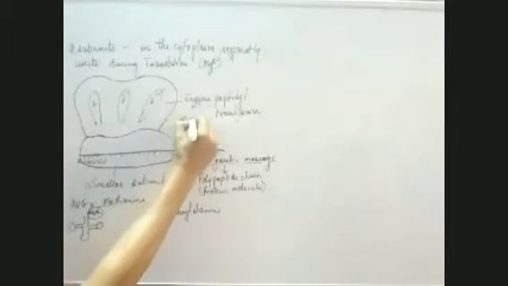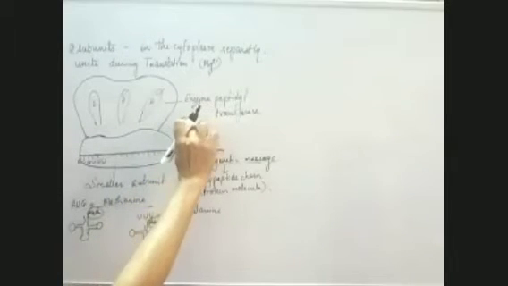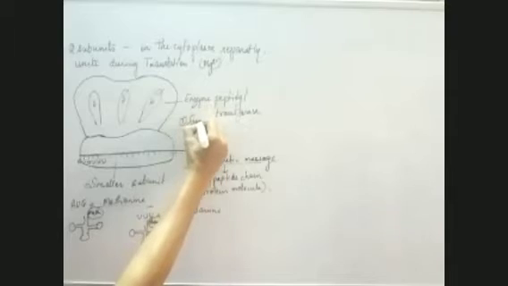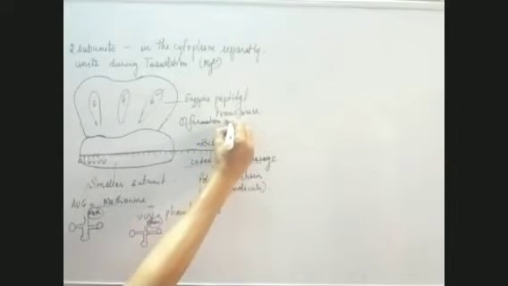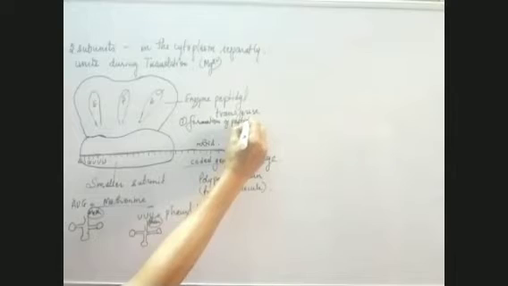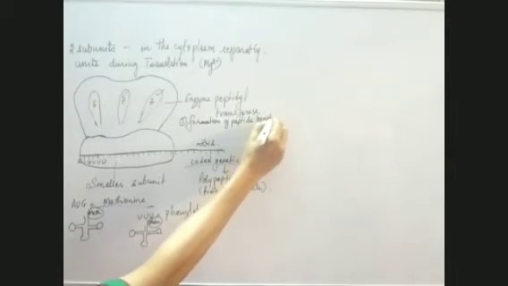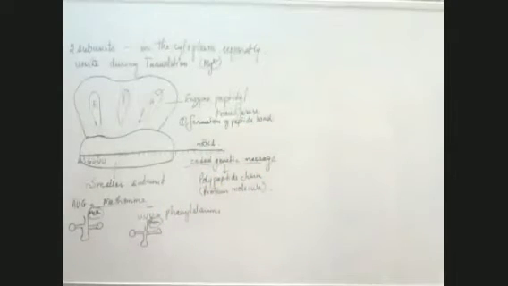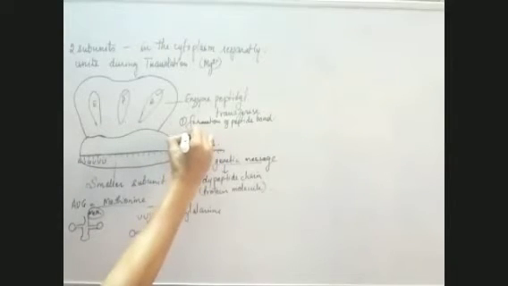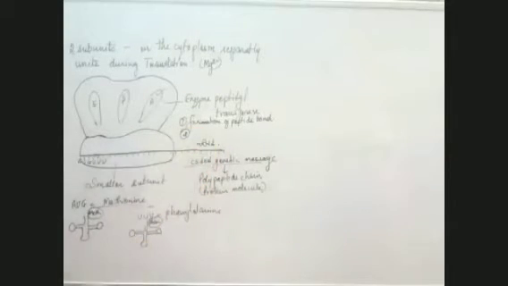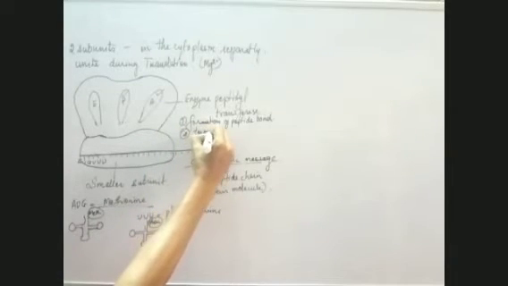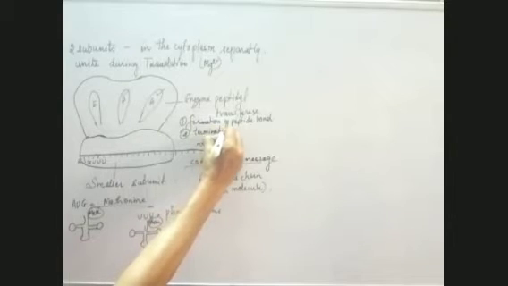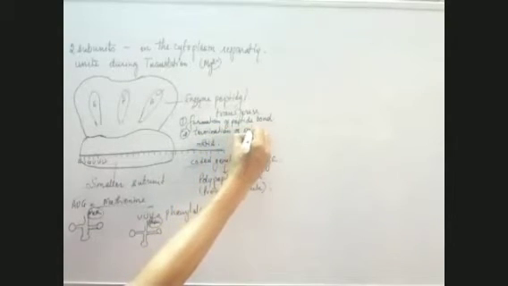Number one is formation of peptide bond, and the second function of the enzyme peptidyl transferase is termination of the polypeptide chain.